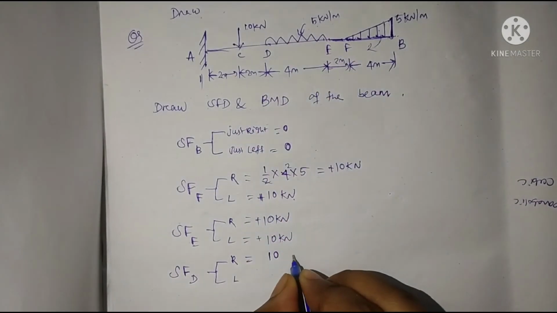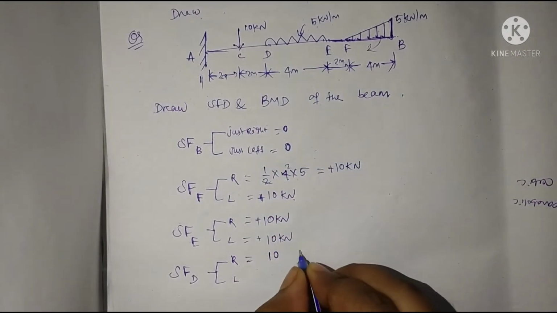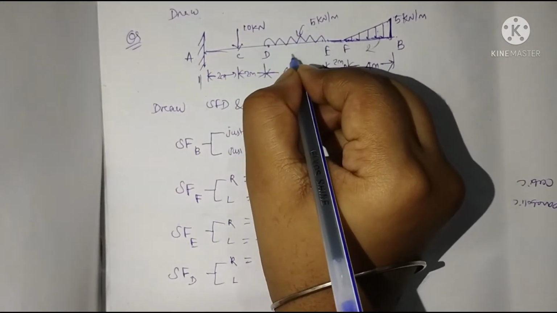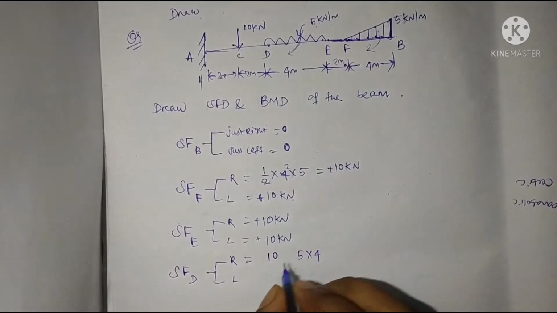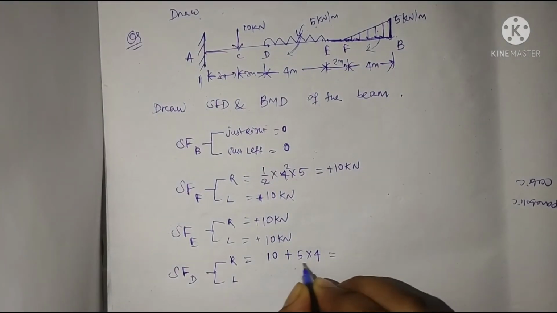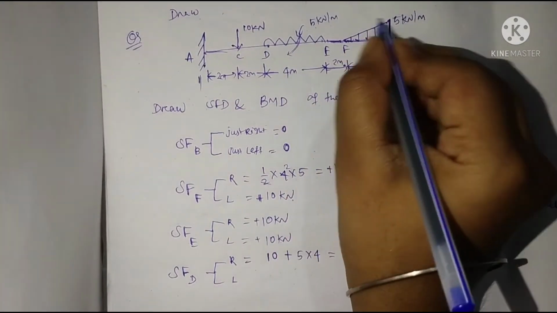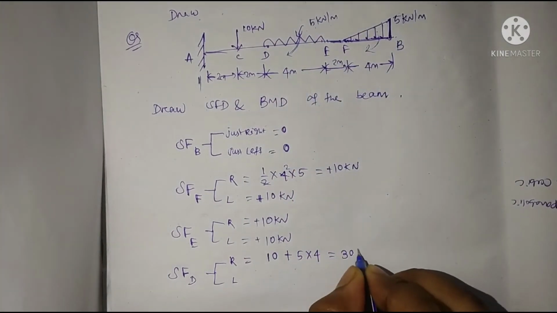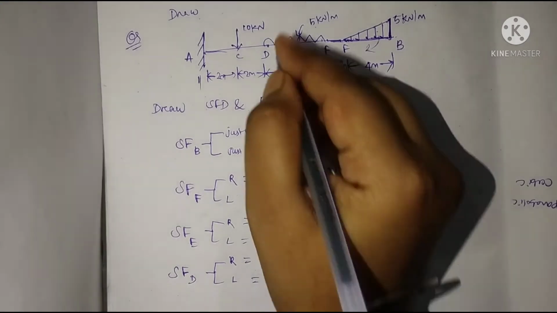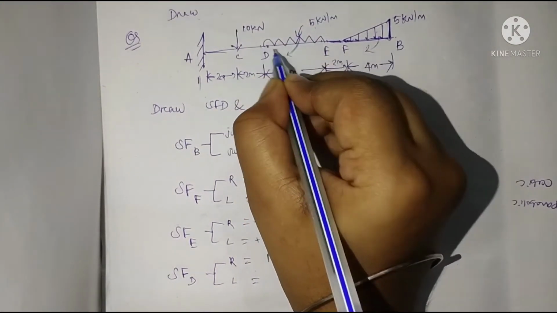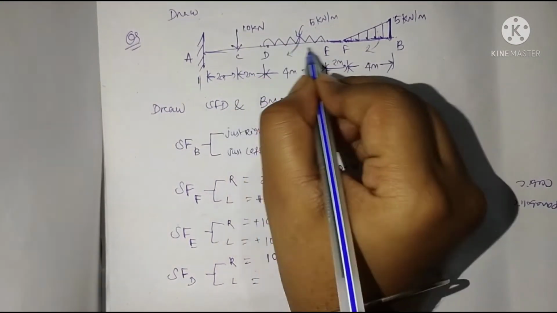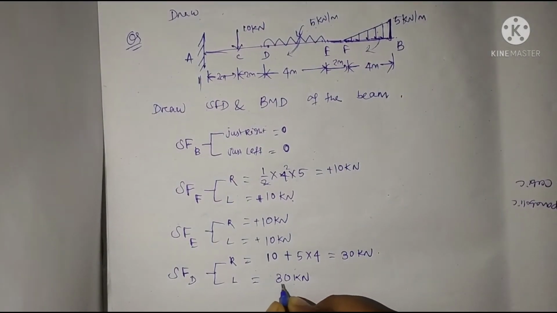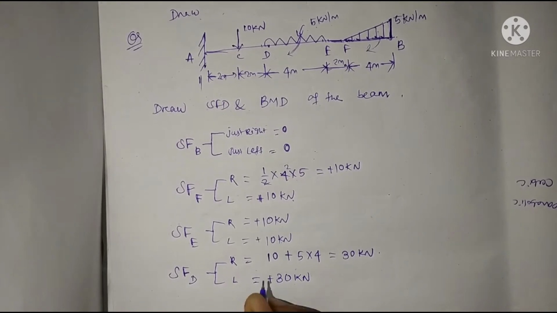So the value will be 5 into 4, and the sign will be positive, because the force gives clockwise movement. The total value is 10 plus 5 into 4 equal to 20, that is 30 kilonewton. And at just left there is no further loading, so the shear force value will be the same, 30 kilonewton, also positive.